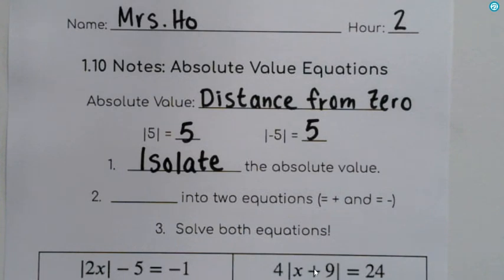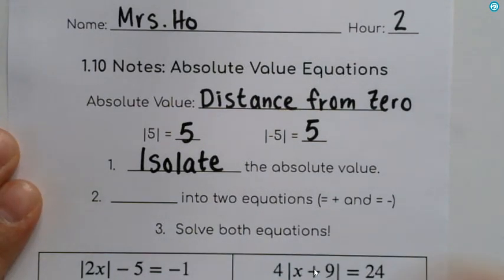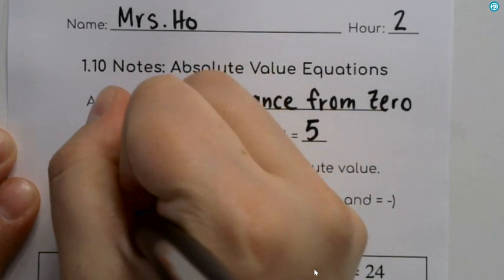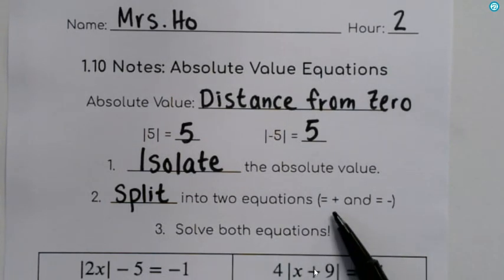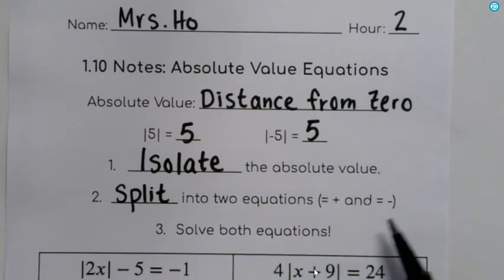Then, how we get rid of the absolute value is we split into 2 completely separate equations. When we split into 2 equations, we are splitting into one equation that is equal to the positive version and one equation that is equal to the negative version.